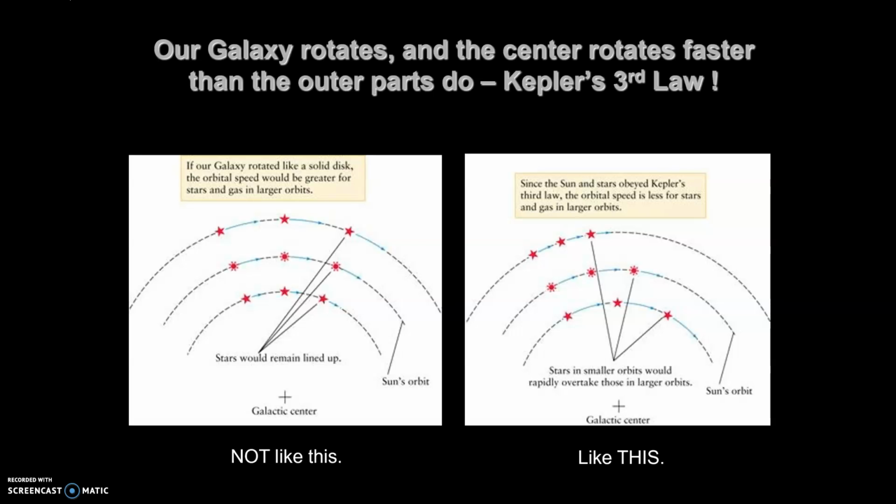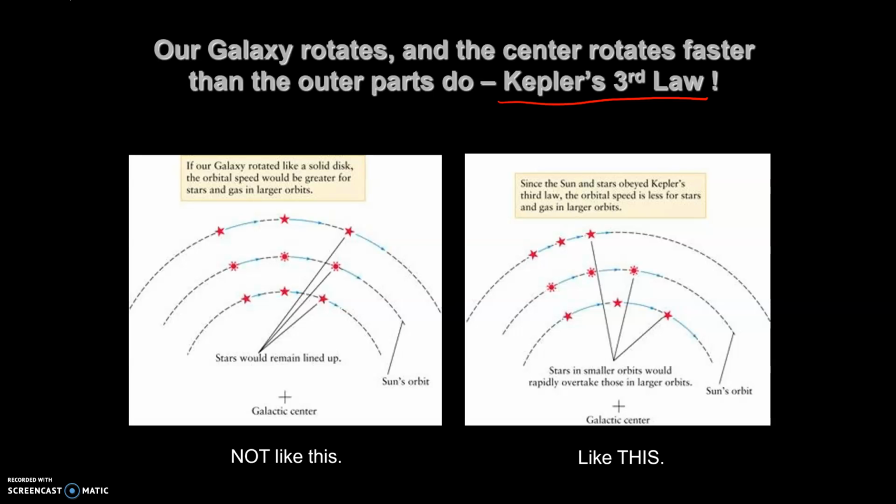So when our galaxy rotates, the center is going to rotate faster than our outer parts. There's a heavier gravity on those inner stars, so that's why they're going to be pushed forward. This is called Kepler's third law. It's something that we also see with our own solar system.